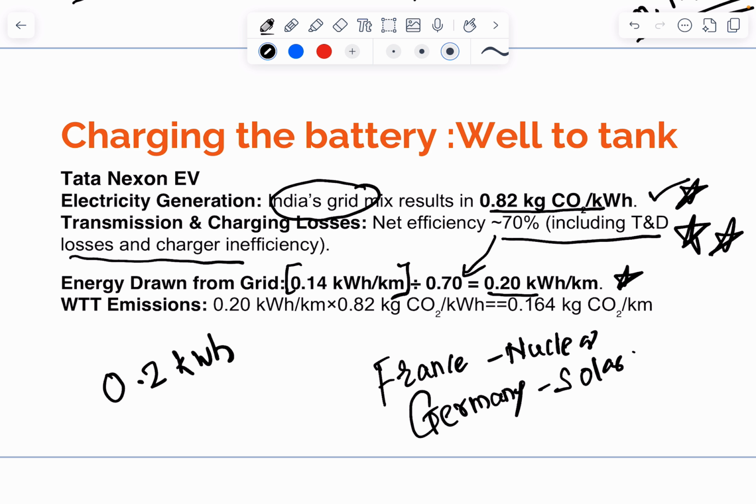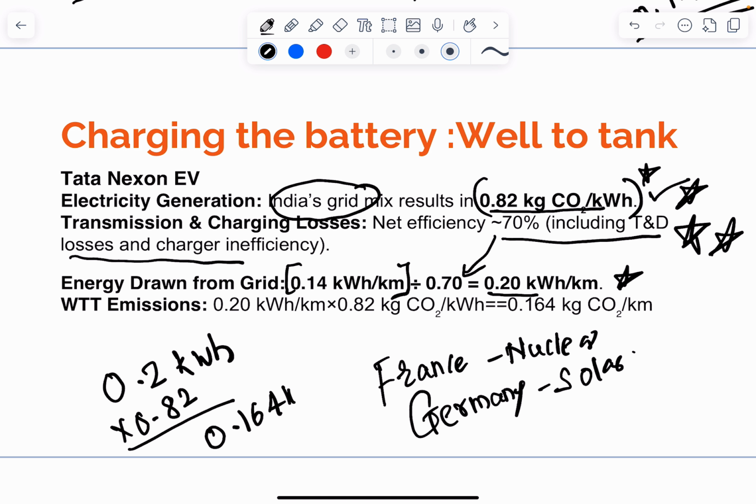How much is the carbon footprint? For that, the specific carbon footprint value will matter. So the carbon footprint of generating 1 kWh of electricity, I assume it as 0.82, multiplying the two, you get 0.164 kgs of CO2 per kilometer of travel from the EV, right?